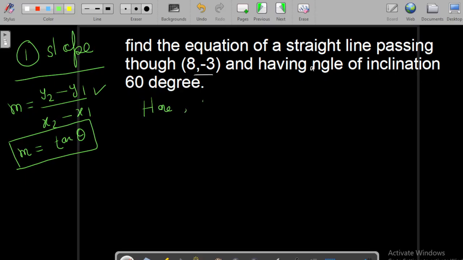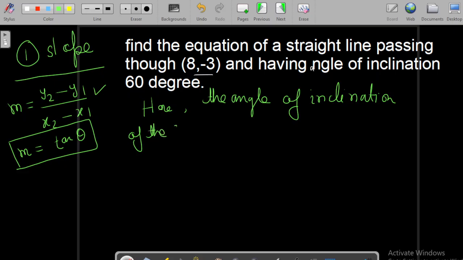Here the angle of inclination of the given straight line is theta, which is 60 degrees.